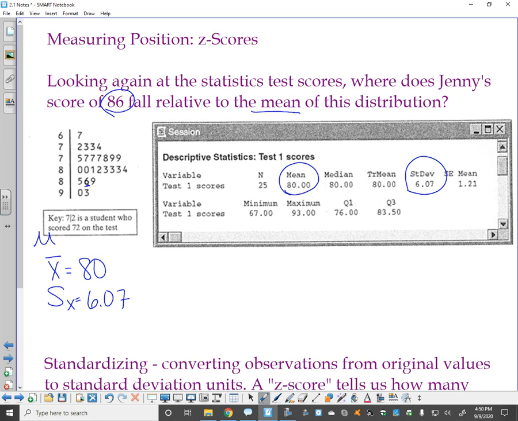If I was to interpret it, it means that typically test scores will vary about 6.07 points from the mean of an 80. Now look, Jenny made an 86. One standard deviation is 6.07. So Jenny is just barely under one standard deviation above the mean. Okay?